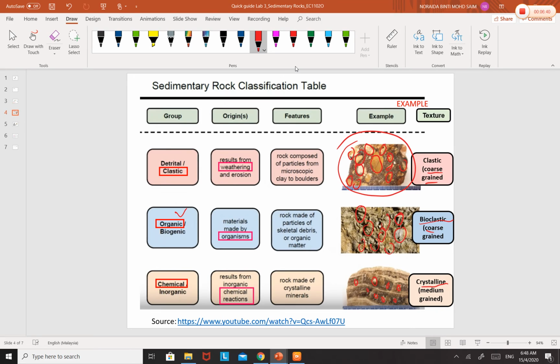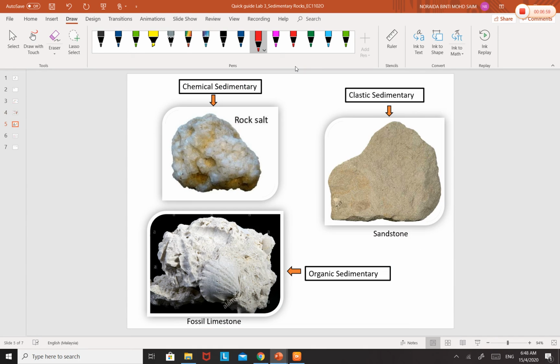Macam for example for the limestone, dia ada dua, sama ada by organic ataupun by chemical. Tapi obviously mana yang by organic dia akan nampak dia punya animal bones ataupun plants yang ada. Tapi by chemical normally yang macam dalam gua tu, dalam cave, so itu yang mostly ada juga yang by chemical.